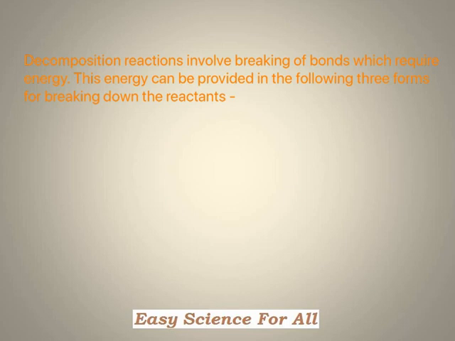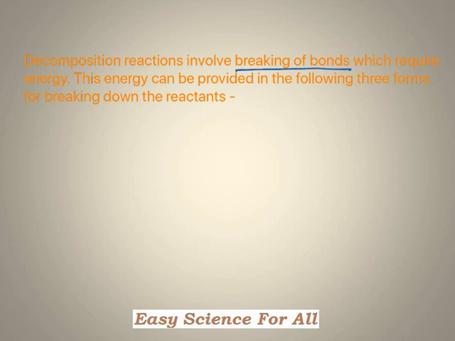Decomposition reactions involve breaking of bonds. When you try to break anything, you have to apply energy. Likewise, here there is a requirement of energy, and this energy can be provided in the following three forms for breaking down the reactants during a chemical reaction.